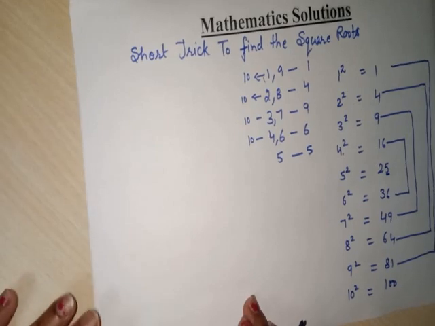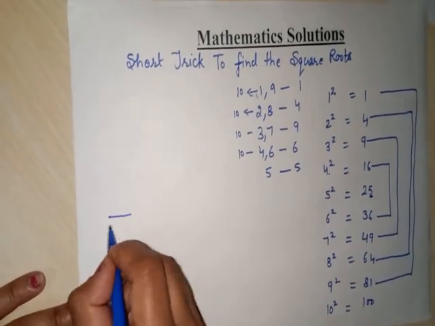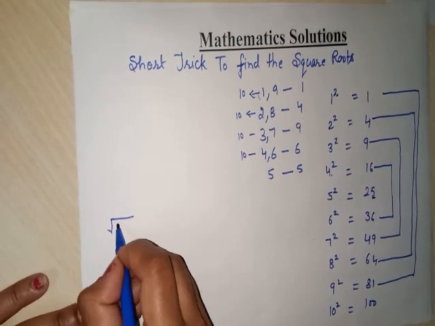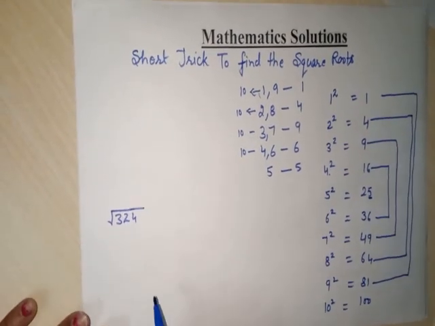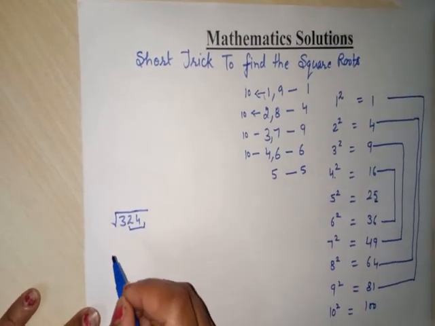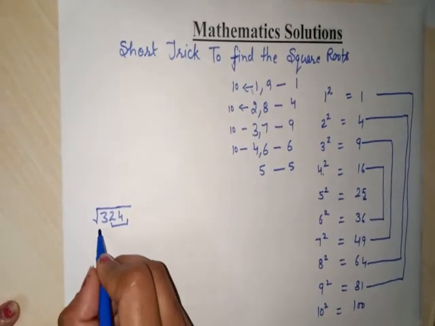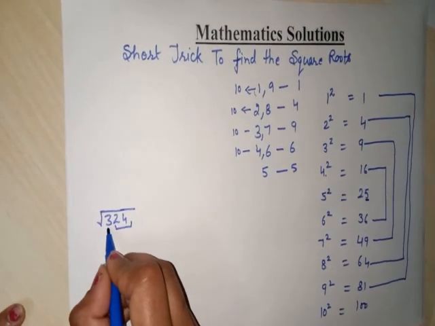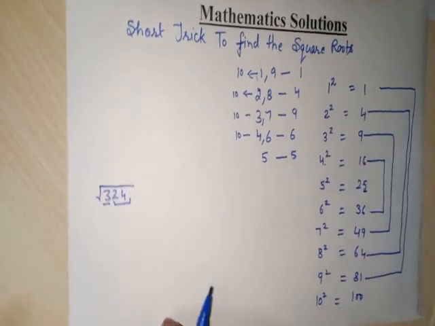So let's start this short trick method. First of all, let's take the example of any 3-digit number. Let it be 324. First of all, pair the last 2 digits and keep the rest of the digits all together, whether it is one digit or more.